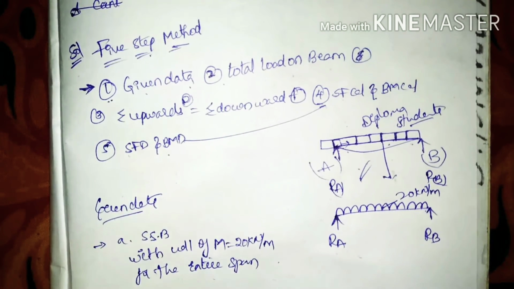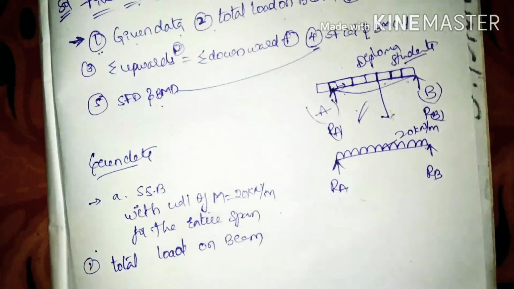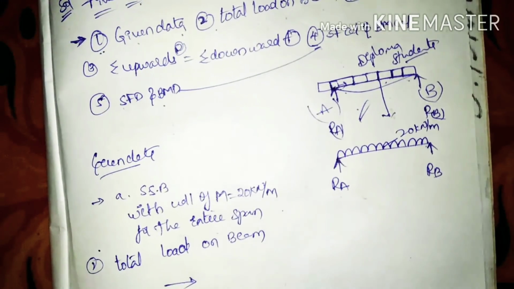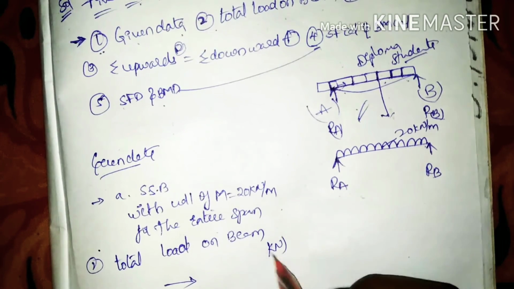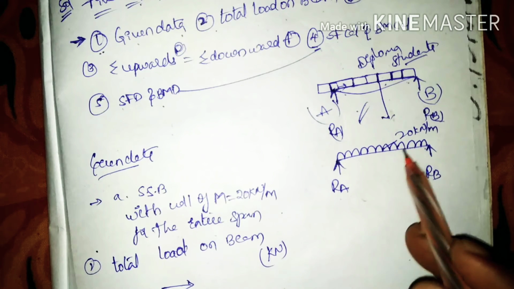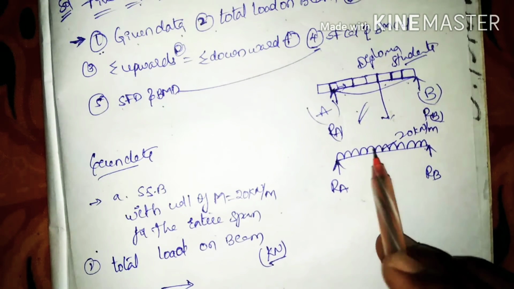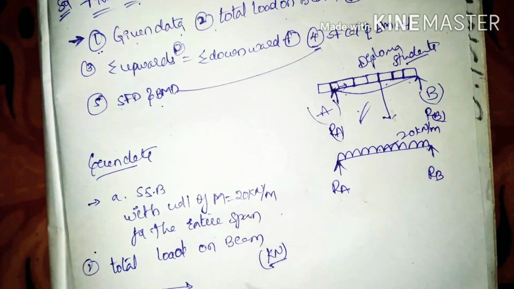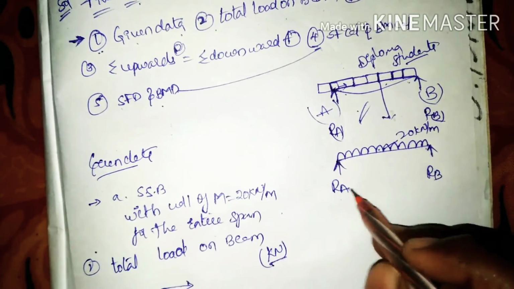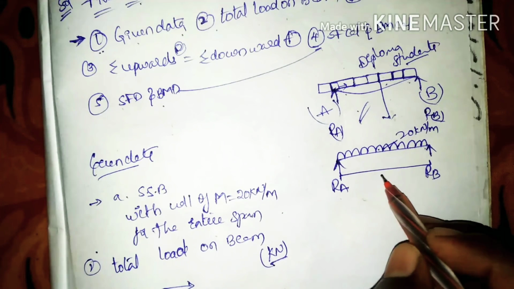Number 2, total load on beam. The load should always be in kilonewtons, but we are having a load that is not in kilonewtons, so we are going to convert the UDL to a point load by multiplying by the distance over which the UDL acts.